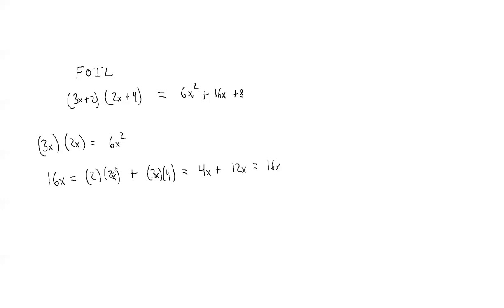Once again, think about this: I had the number 2 times 2, which gives me 4. But notice that this first 2 has no variable with it. When I multiply by something with the variable x, I end up getting the variable x in the product. Same with this part right here: 4 had no variable, but 3x did, and when I multiplied them, I just got x. From earlier, when we multiplied x times x, we got x squared. Here we multiply no x times x, and we just get x.